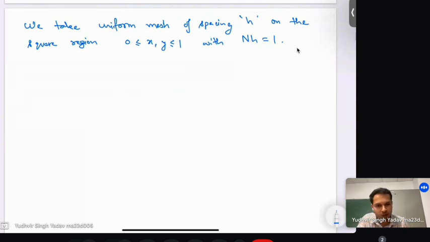So h will be uniform for both the directions. Also, we will take a step size in the time direction, t.